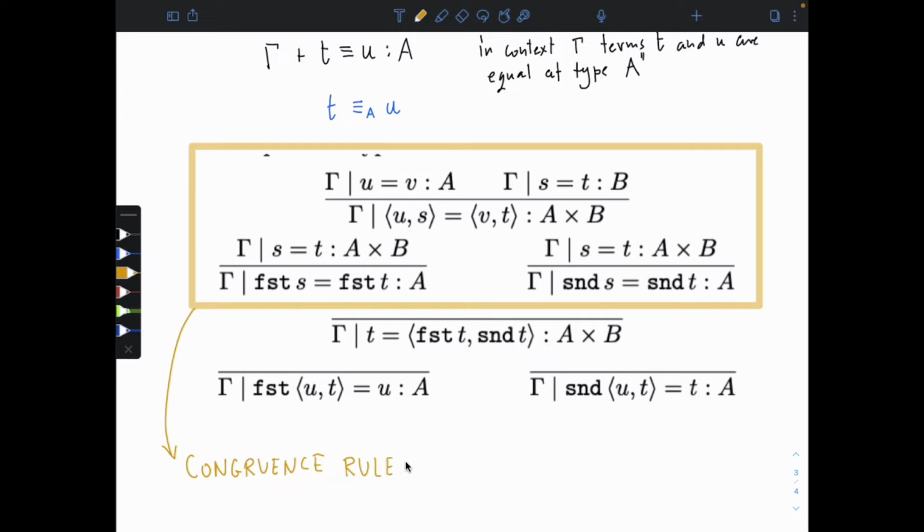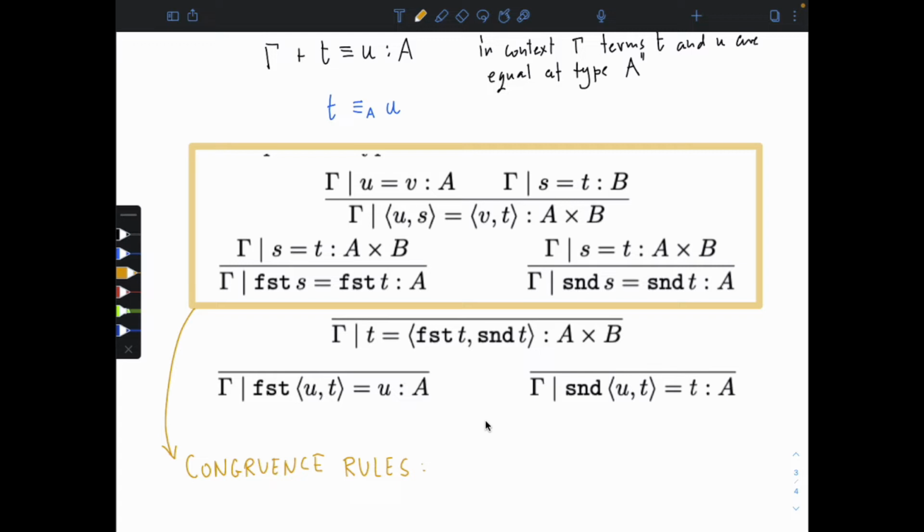Why? Because what they're expressing is that all the term formers, first projection, second projection, are congruences. In general, that equality is a congruence. In general, in algebra, what is a congruence? If you have an algebraic structure, such as a ring, then a congruence is a special kind of equivalence relation on the ring.